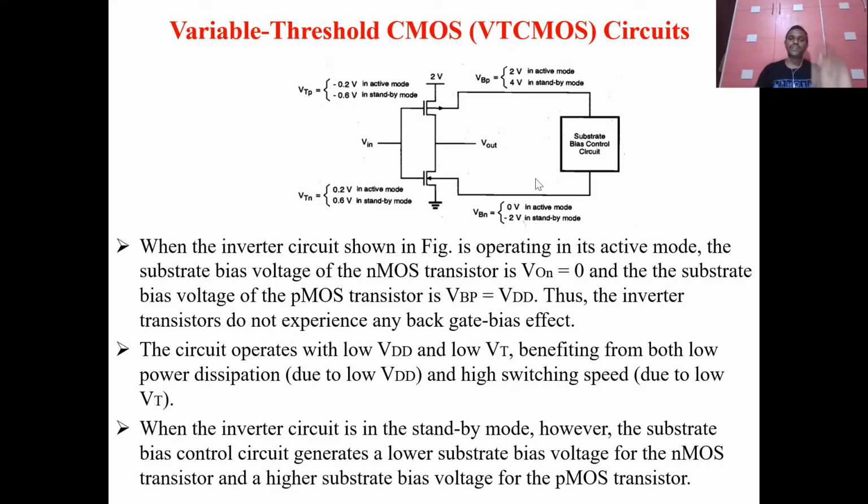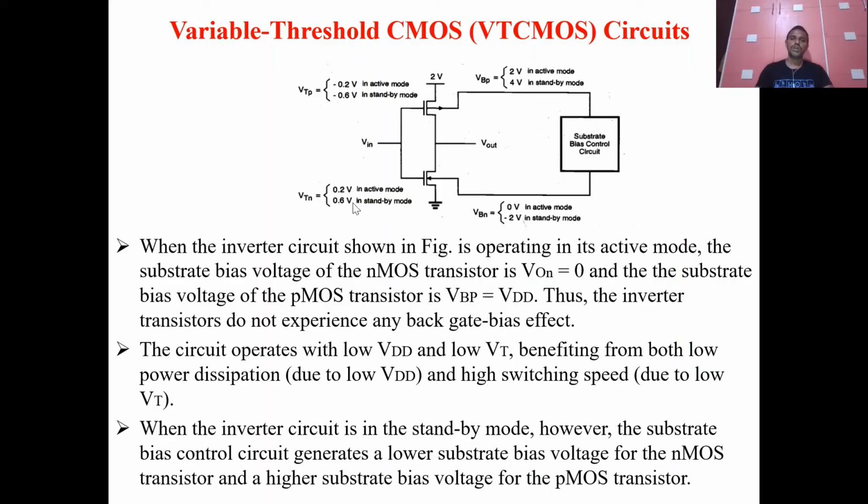To avoid that, whenever the transistor is in active mode, we apply the lower threshold voltages and, at the same time, low substrate bias voltages. But whenever it is in standby mode, we have to increase the threshold voltage, otherwise we will get the problem of sub-threshold currents.